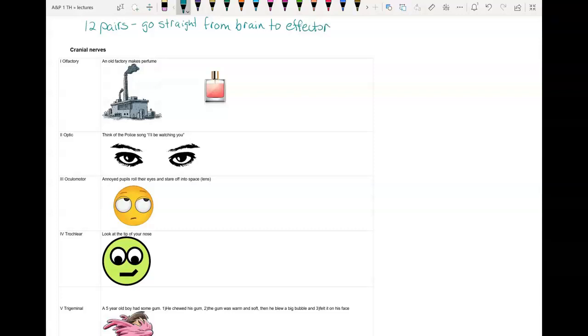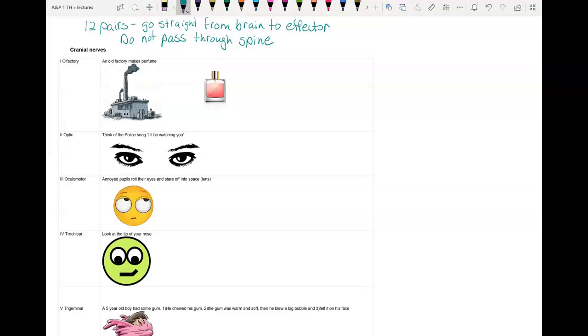They do not pass through the spine. Each nerve has a name and a Roman numeral. So we're going to go through the 12 pairs of nerves and see what they do. And I'm not going through every detail of every function of each nerve. I'm just giving you the highlights of what these nerves do.